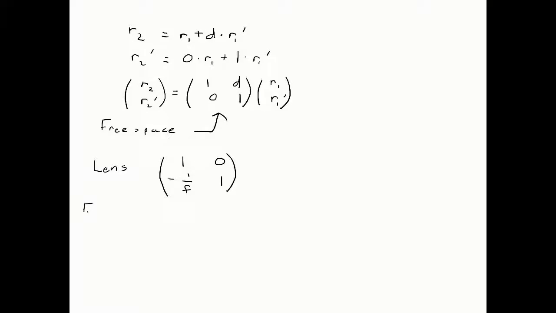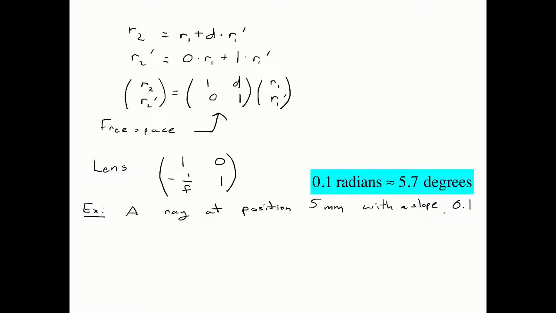So let's do an example. Let's say we start out with a ray at position 5 millimeters with a slope of 0.1. So when the slope is 0.1, which actually is about 6 degrees, we want to see how we can represent this ray after it travels through a lens of focal length 100 millimeters.